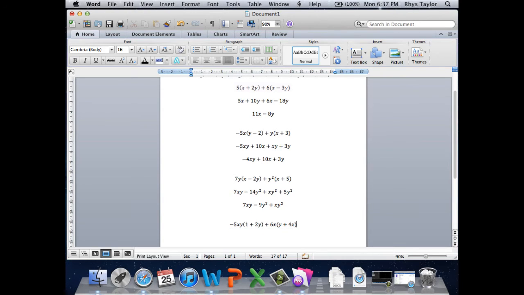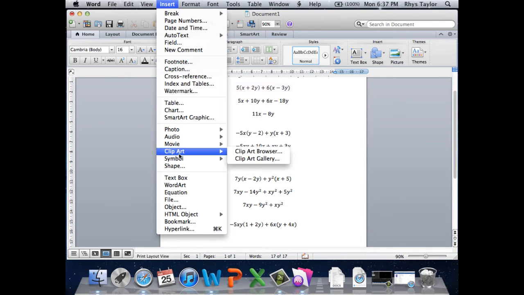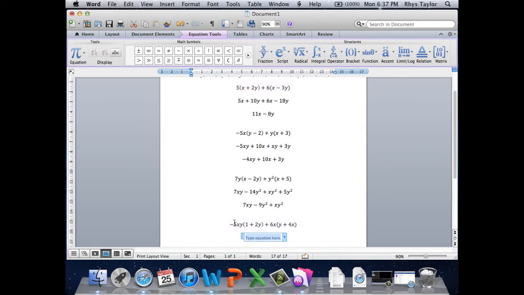Okay, here we go. Negative 5xy times 1. Well, that's pretty easy. Negative 5xy. Negative 5 times positive 2. Well, that gives us a negative 10.